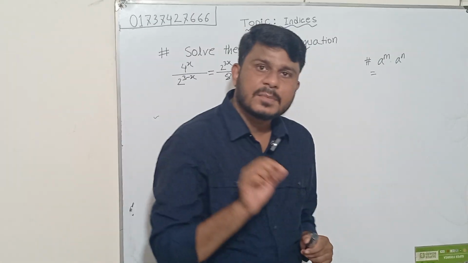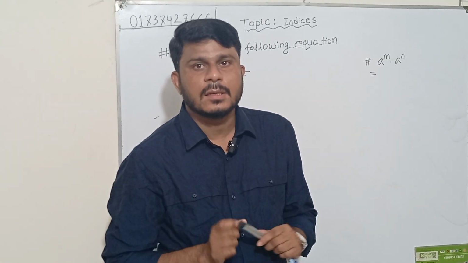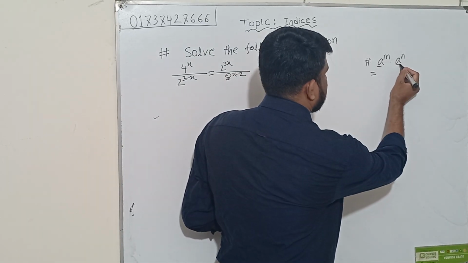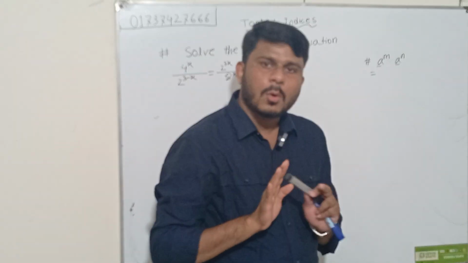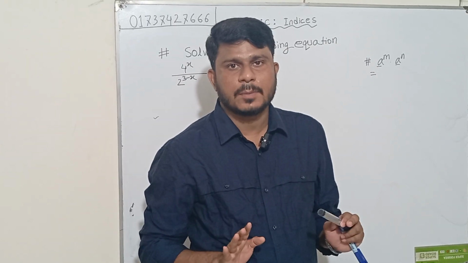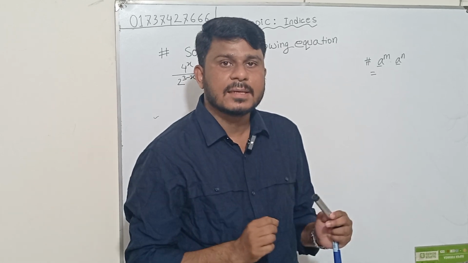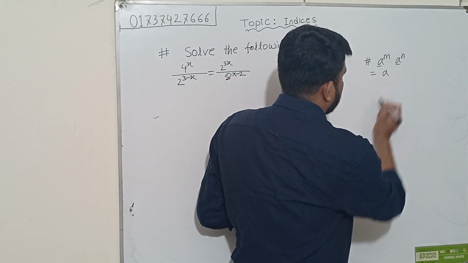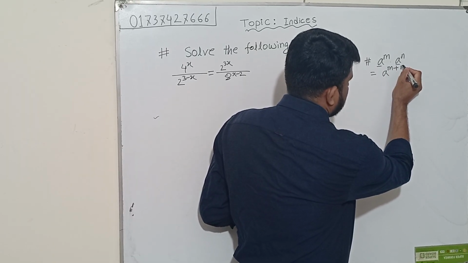If the bases are the same, we can add the powers together. Whatever the powers are, we don't need to think about that; if the base is the same, we add the powers. So it is a to the power m plus n.